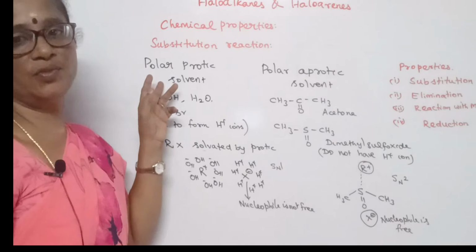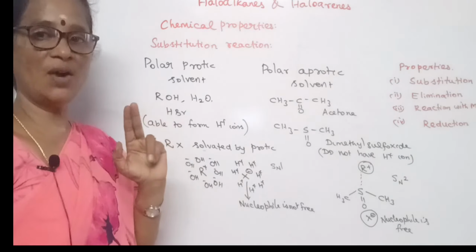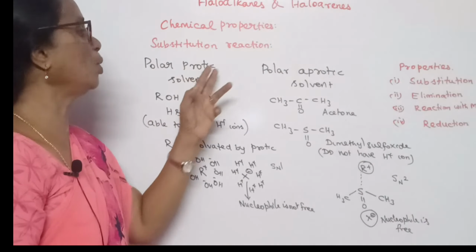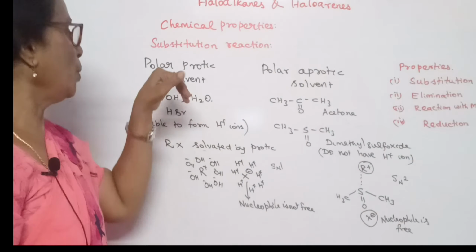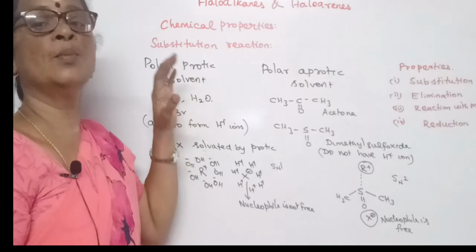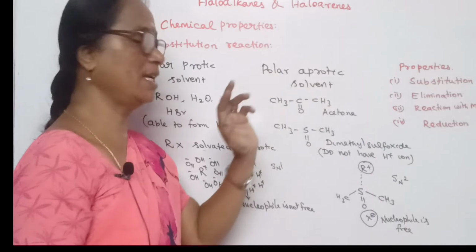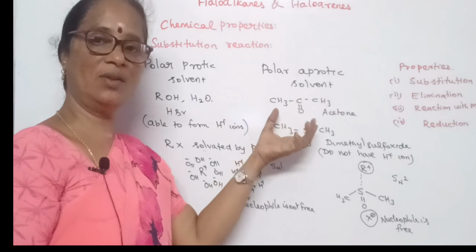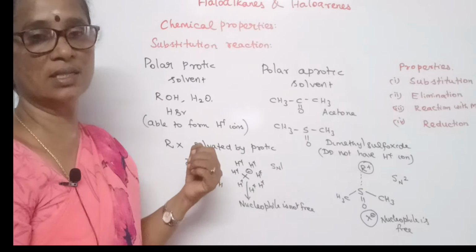The effect of solvent over substitution reactions. We have two types of solvent, polar protic solvent and polar aprotic solvent. Protic solvent means those solvents able to provide protons, H plus ions. Polar aprotic solvents do not have protons or H plus ions.